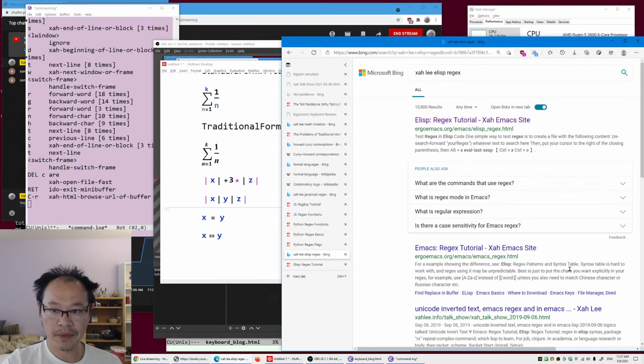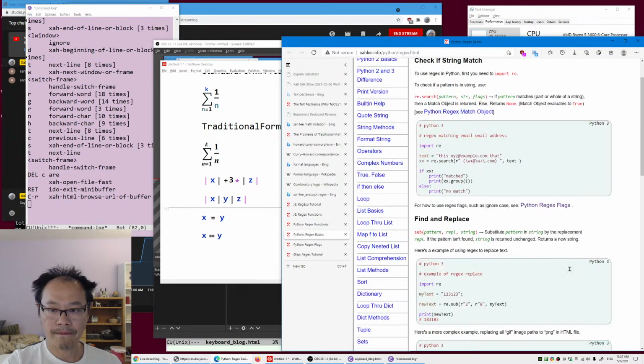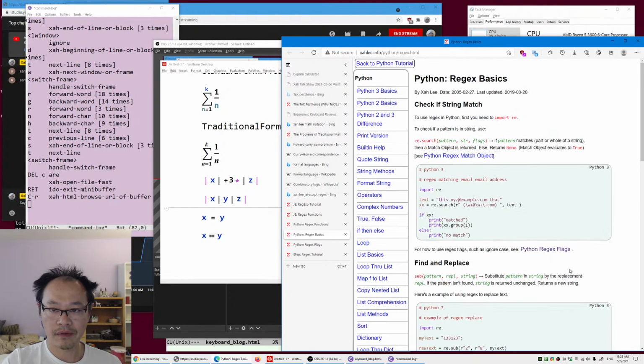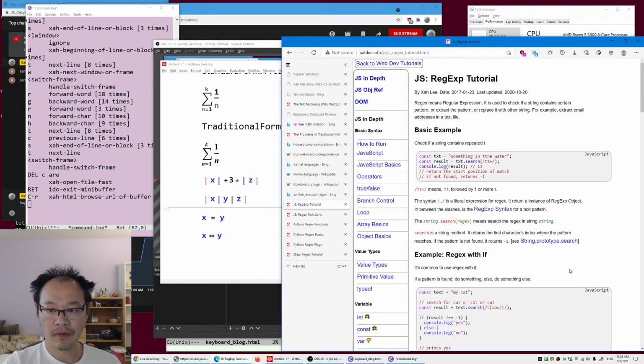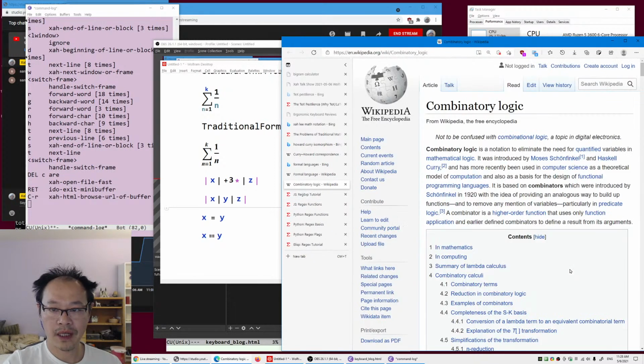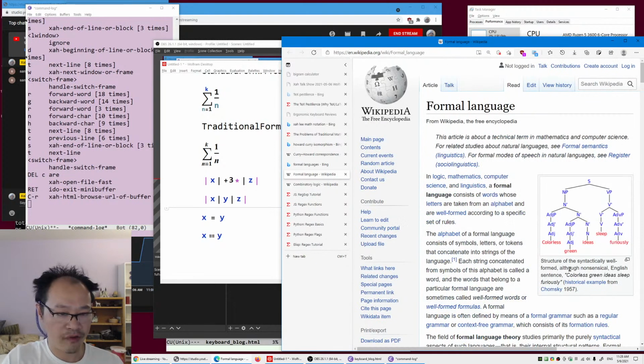So we were talking about combinatory logic, formal languages, lambda calculus, Y combinator. I was saying they are all, in a sense, a string replacement system. Instead of using strings, they call them symbols, a sequence of symbols.